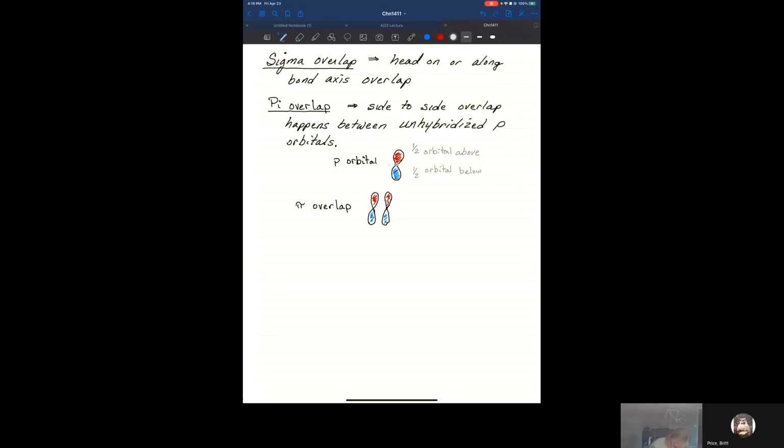What we have is half of the overlap between the top halves, and half of the overlap on the bottom.